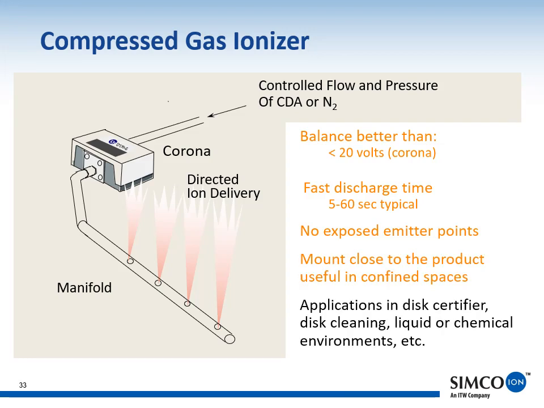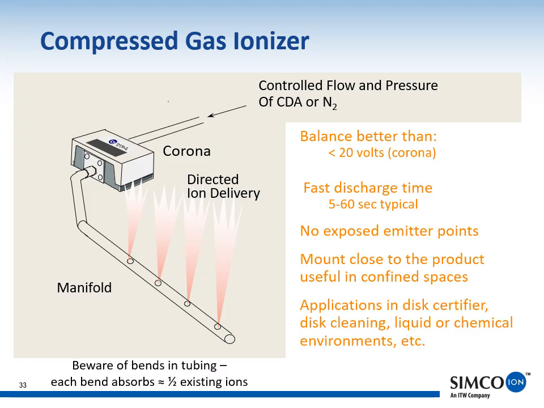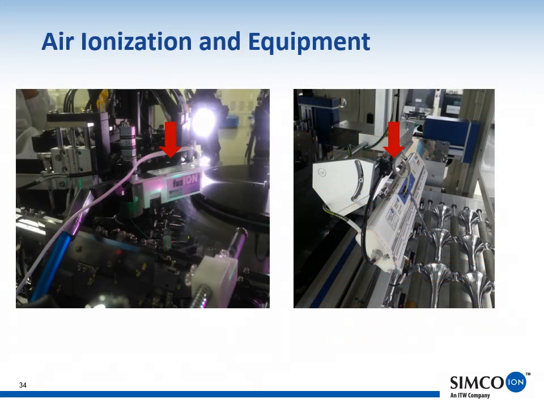Manifolds can be built to direct the ionization right where it's needed, although the manifold design needs to be carefully designed to provide good coverage. Here are a couple of examples of compressed air ionization installed in equipment. The ionizer on the left is a compressed air ionizer, and the one on the right is a bar-type system with air fed through the ionizer to speed ion delivery to the area of need.